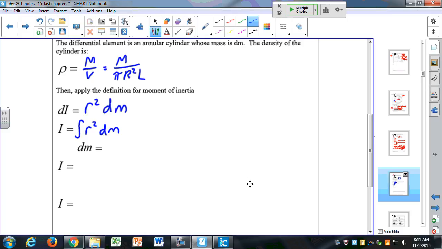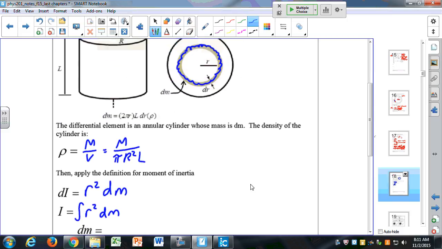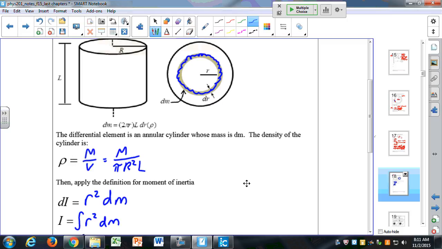So if we think about our annular cylinder, it has a mass equal to the circumference of the cylinder times the length, or height, of the cylinder, times the width of it, which is this width, times the density. So these three values give you our volume.